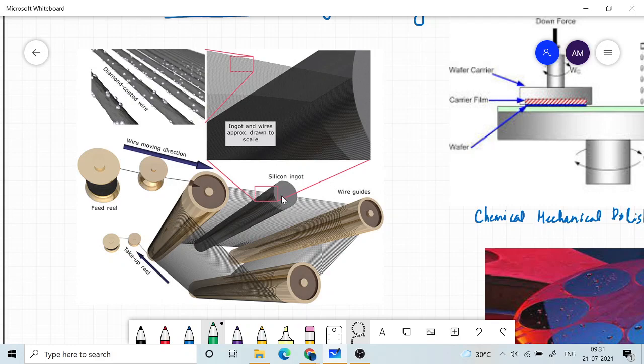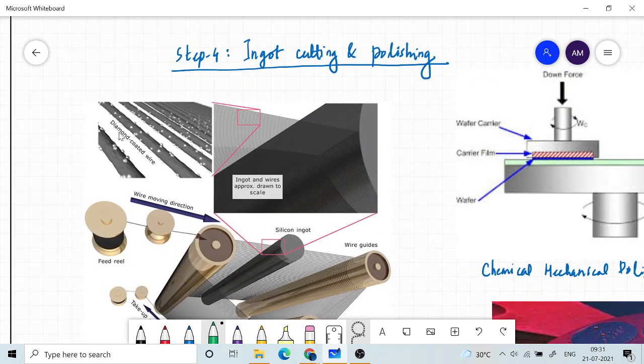If you look at the wires, they are coated with small diamond particles, and diamond is one of the hardest materials that we have. These wires are used to saw the silicon ingot. Basically you are pulling it with some frictional force.